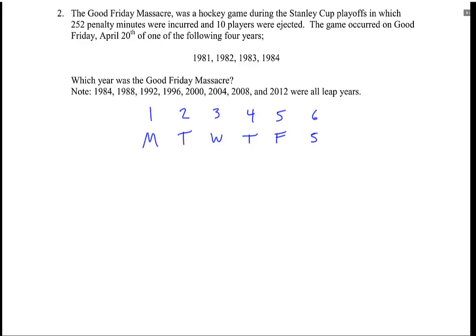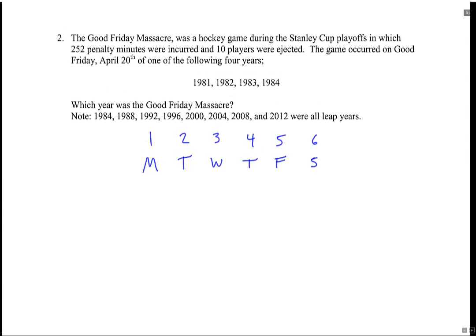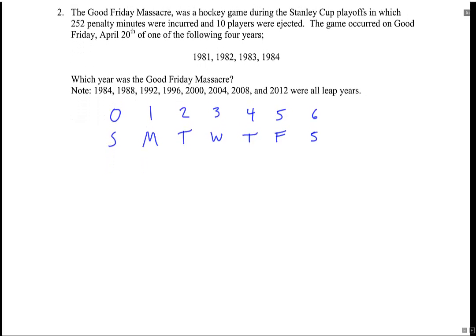You could write 0 or you could write 7, but to stick with a convention of just using remainders as opposed to numbers that aren't in fact remainders, we're going to use 0. So I'm going to write 0, and 0 is going to represent Sunday. Okay, so we're starting on a Monday.